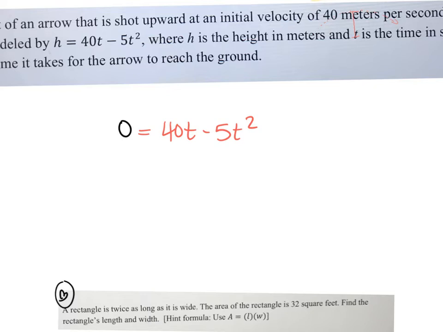In order to solve for t for this problem, I am not going to use the quadratic formula. I am probably going to try to factor, because when I factor out of these 2 terms, I am going to factor out 5t, and I am left with 8 minus t.